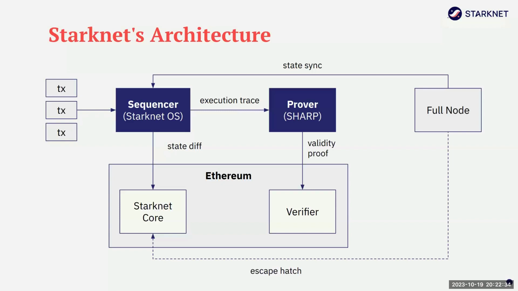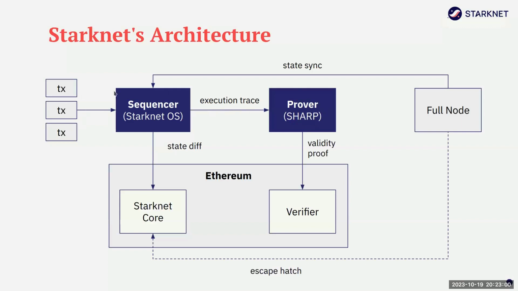Once it executes those transactions, remember it uses a proving system. This is why we have execution traces here. I won't be explaining what an execution trace means, but it's at the stack level. You have to generate an execution trace, and those execution traces are sent to the prover, and this prover is the one that generates the validity proof for these transactions.